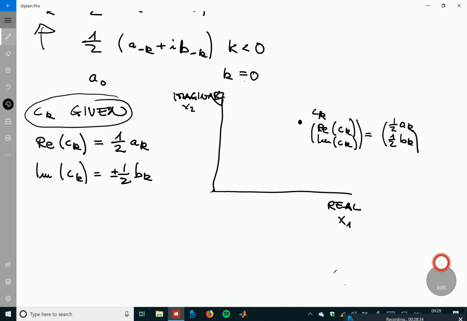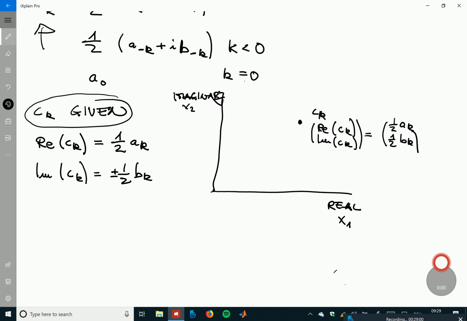So this is equivalent. We have a two-dimensional entity: either the coefficients ak and bk times 1/2, or the real and the imaginary part of our complex number ck. A complex number is a two-dimensional entity because it has a real and imaginary part. Good.